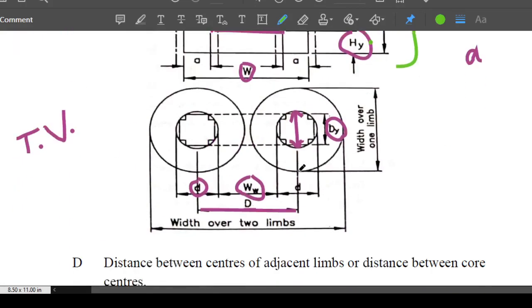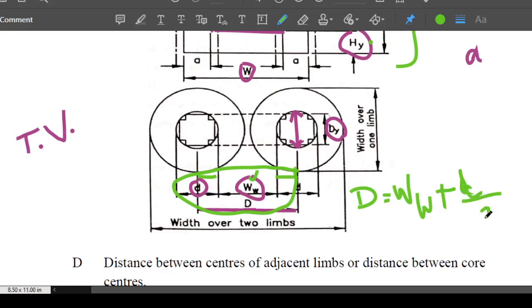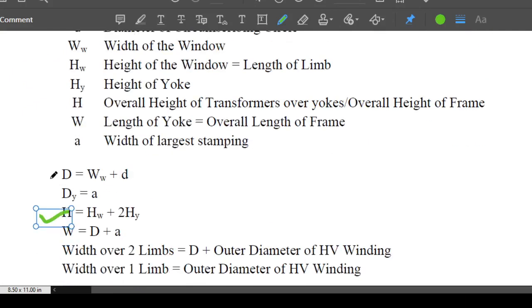Now look at these three portions. Capital D is equal to WW, and this portion is D by 2 and this portion is D by 2. So D is equal to WW plus D by 2 plus D by 2. When you add, it is D equal to WW plus d, and that is this equation.